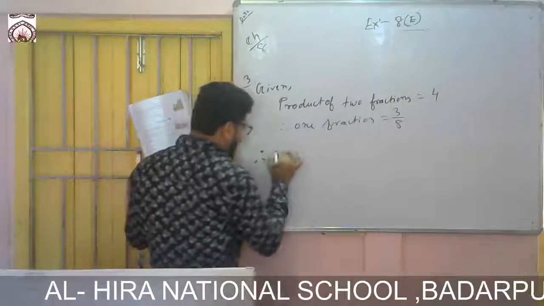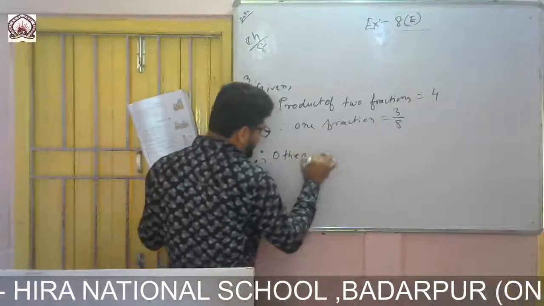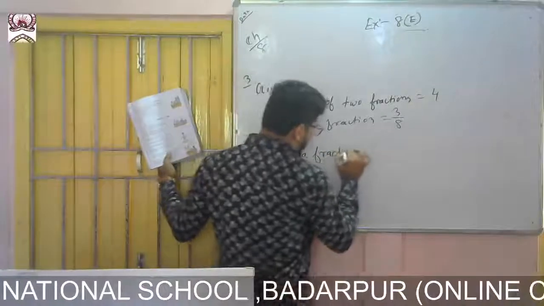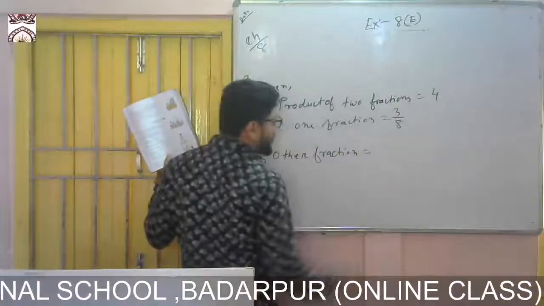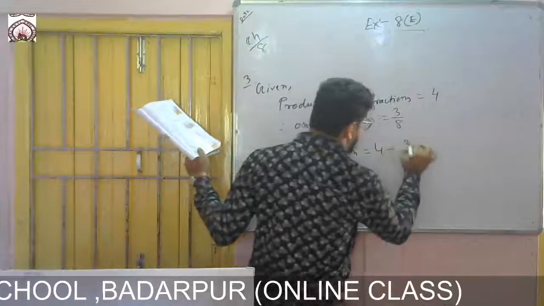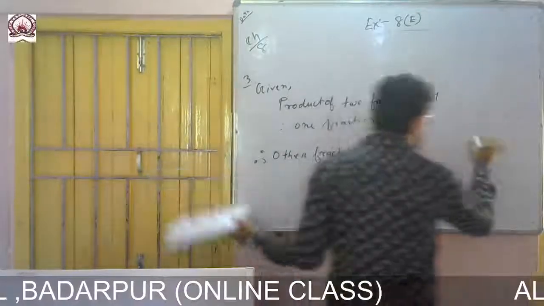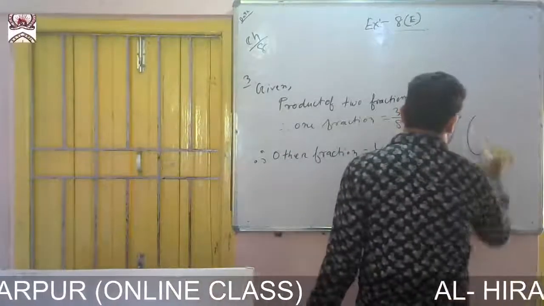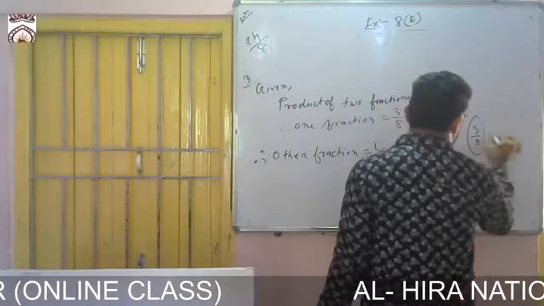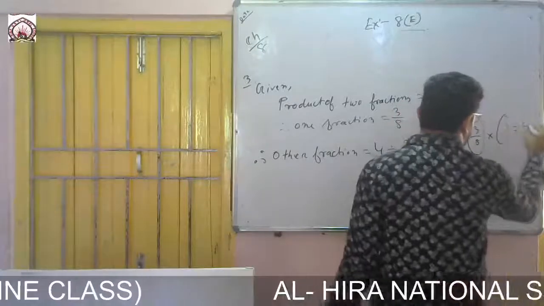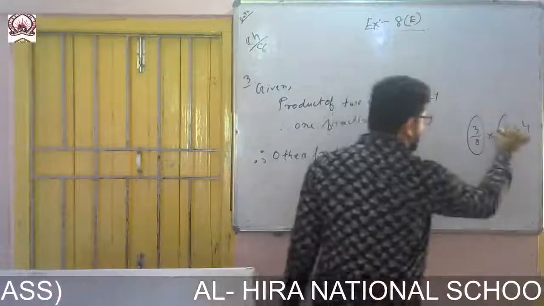Therefore, the other fraction will be 4 divided by 3/8. As I said earlier, the product of two fractions is 4, one is 3/8, and the other we need to find.